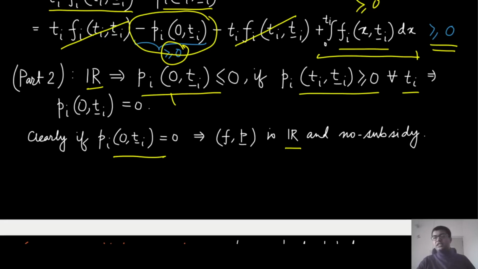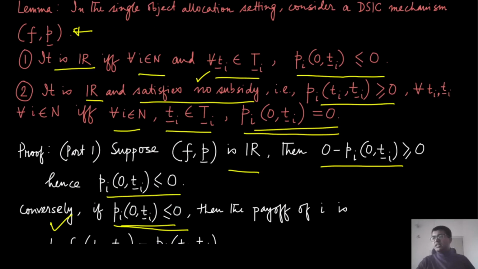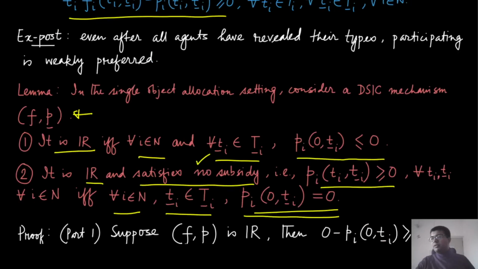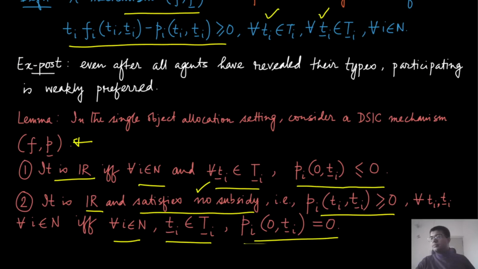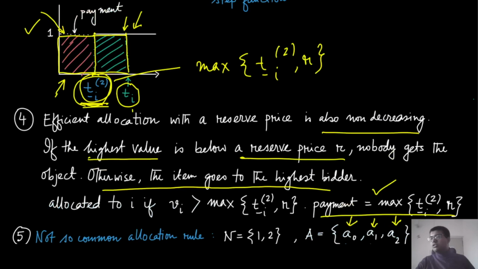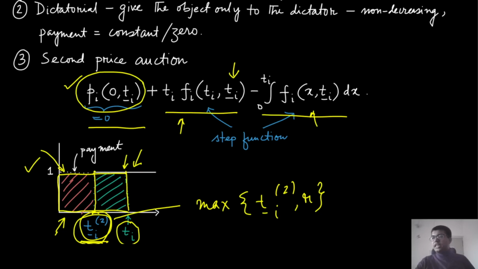For the other direction, when this is equal to 0, it's very easy to see that it is individually rational because of the previous result, and no subsidy. We can just look at the payment formula. This term disappears because it is 0. The remaining term is essentially the area subtended by that curve on the y-axis, and that is always going to be positive.